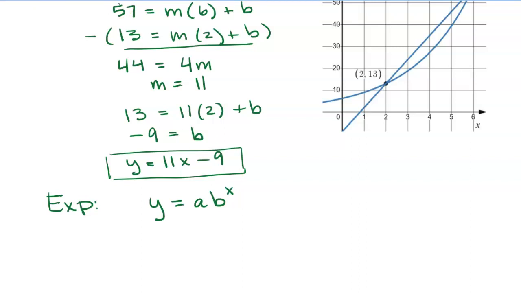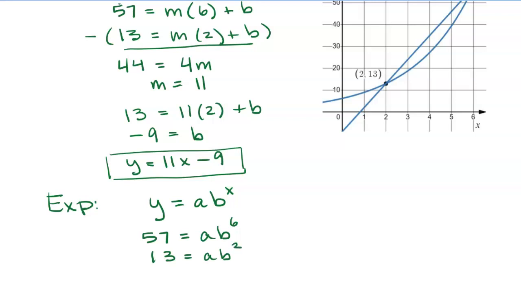So I know that 57 is equal to a, b to the 6th, because when x is 6, y is 57. And I know that y is 13 when x is 2. So I have 2 equations.